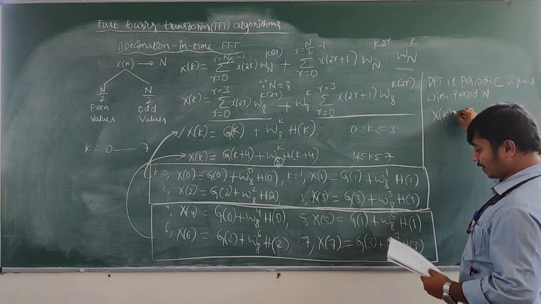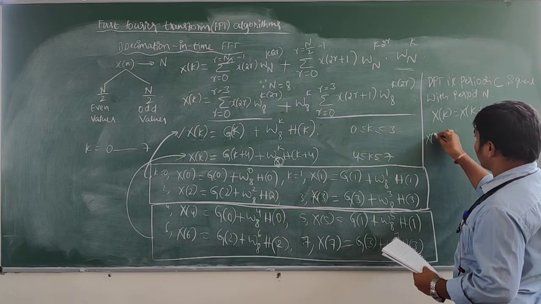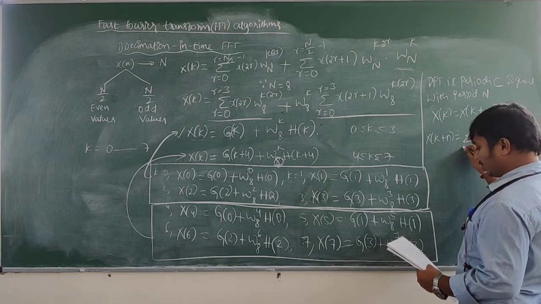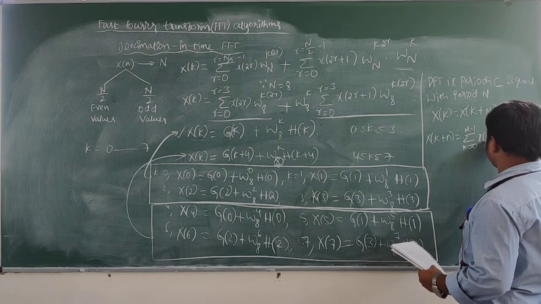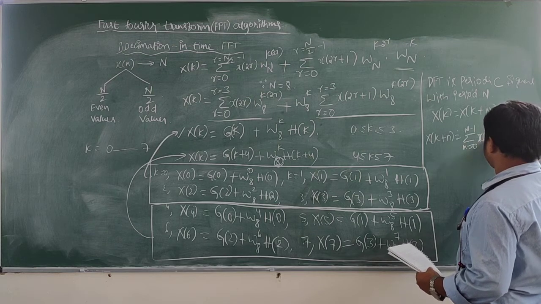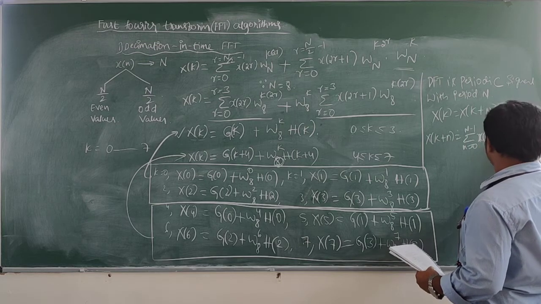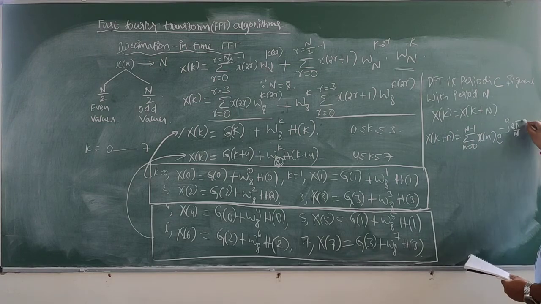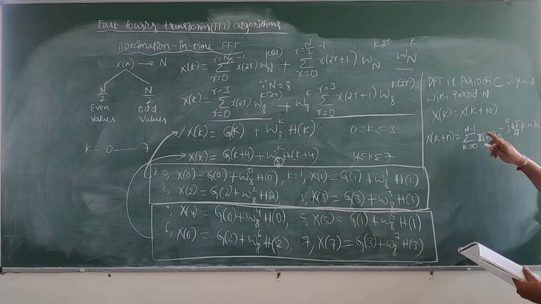Take X of K is equal to X of K plus N. So X of K plus N is equal to summation n is equal to 0 to N minus 1 of x of n into e power minus j 2 pi by N into, in place of k put k plus N, into n. In place of k I have substituted k plus N.